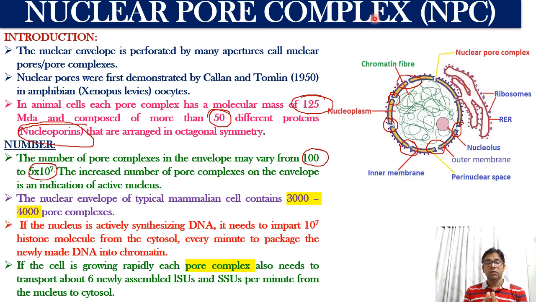Receptor proteins can carry these large protein and RNA molecules very actively through these pores. In this way, pore complexes are involved in the transportation of substances from cytosol to nucleoplasm as well as nucleoplasm to cytosol.